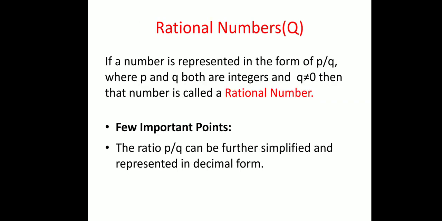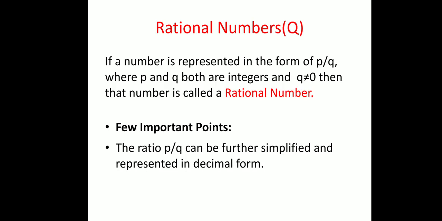Now, coming to rational numbers, which are represented by Q. What do you mean by rational numbers? If a number can be represented in the form P by Q, where P and Q both are integers and Q is not equal to 0, then that number is known as a rational number. So for a number to be a rational number, two conditions should be satisfied.